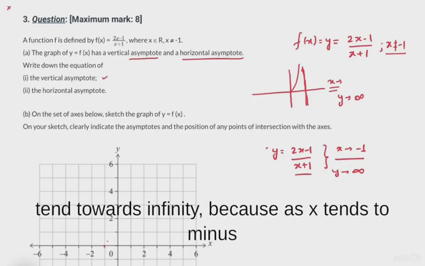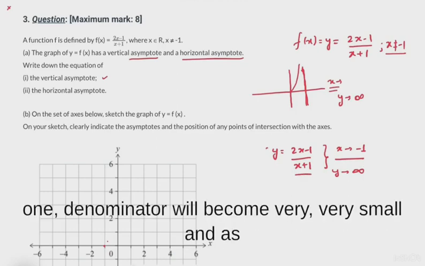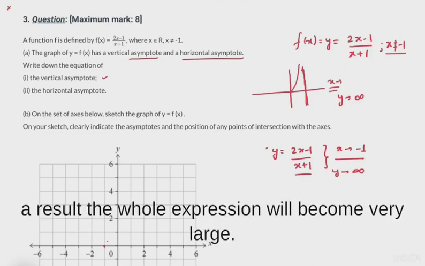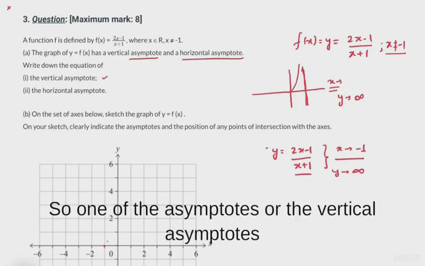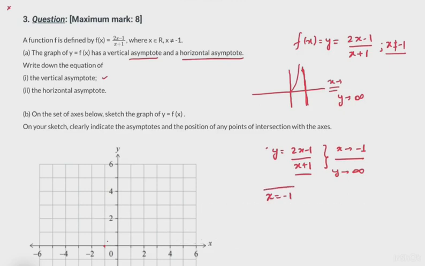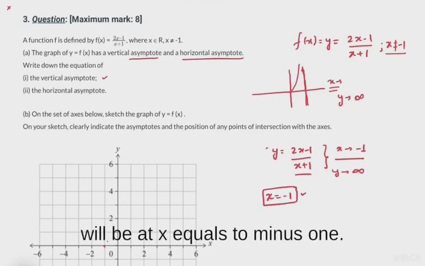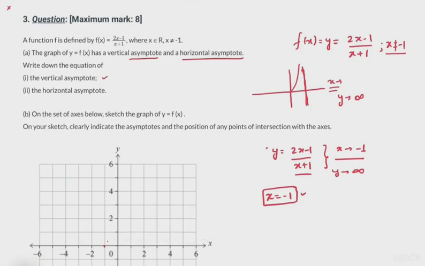Because as x tends to minus 1, the denominator will become very small, and as a result the whole expression will become very large. So the vertical asymptote will be at x equals minus 1.